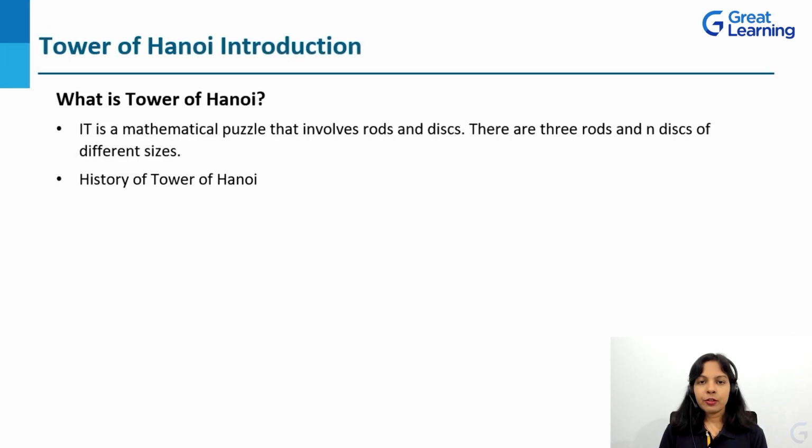So let's get started. When I say Tower of Hanoi, nowadays we know it as a mathematics puzzle. But Tower of Hanoi was given long back in the 19th century. It was named after a French mathematician, Edouard Lucas, and it's also called the Lucas Tower.